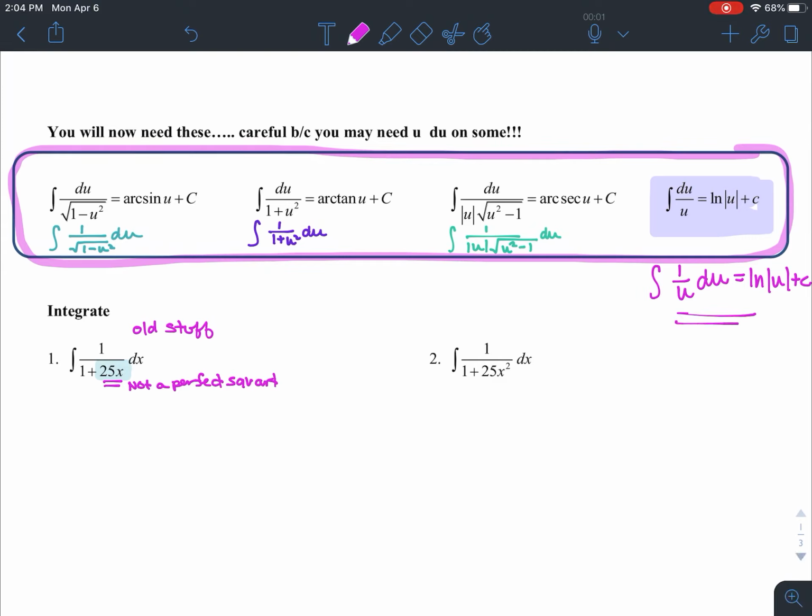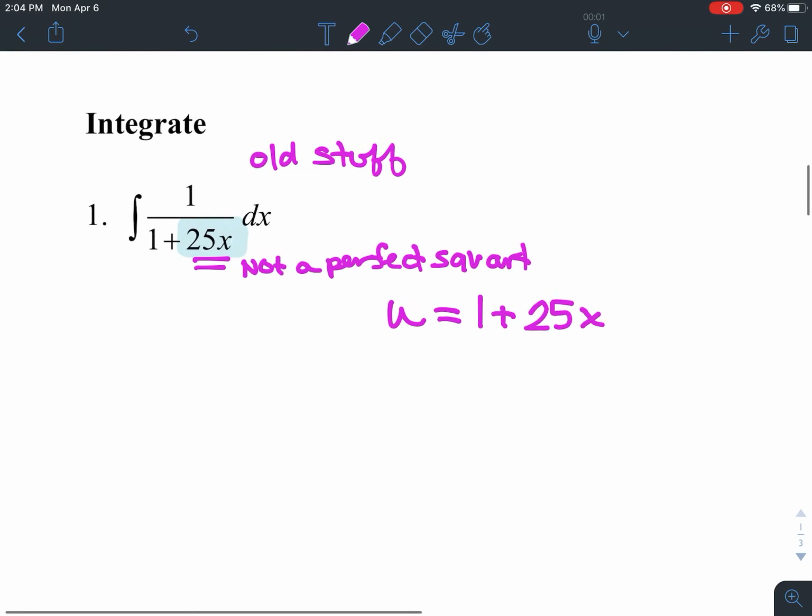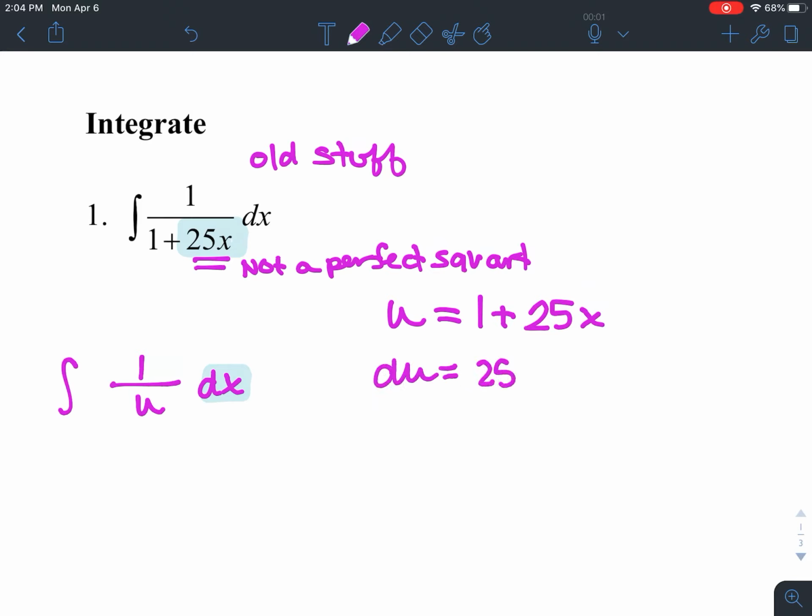So our first step is we're going to set that whole denominator equal to u. So u equals 1 plus 25x. Again, this is our old stuff, so we should have no trouble doing this one. 1 over u dx. Problem, we've got the dx, so we've got to get rid of that. du equals 25 dx.